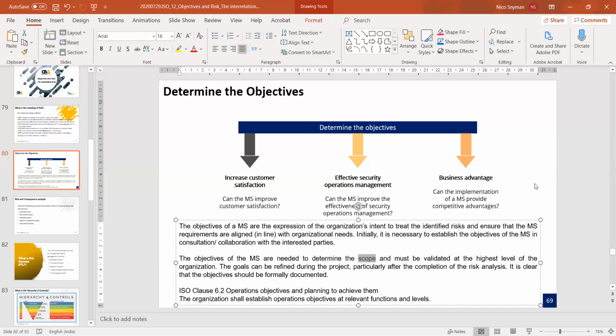As well as your scope can have certain exclusions, and those exclusions must be explained, and that is then not part and parcel of your objectives, and this must be validated at the highest level.